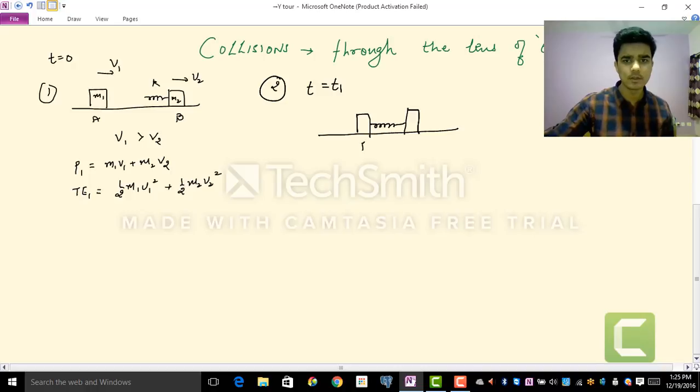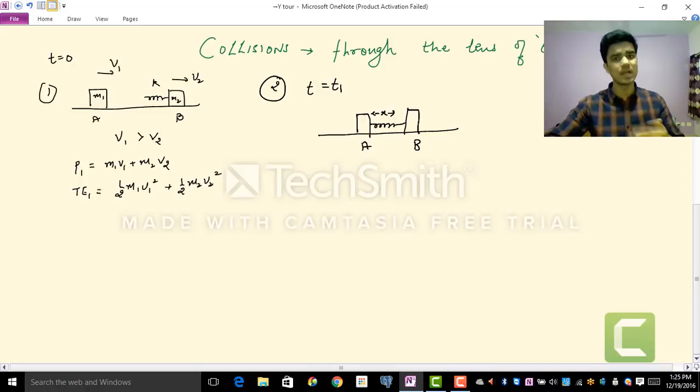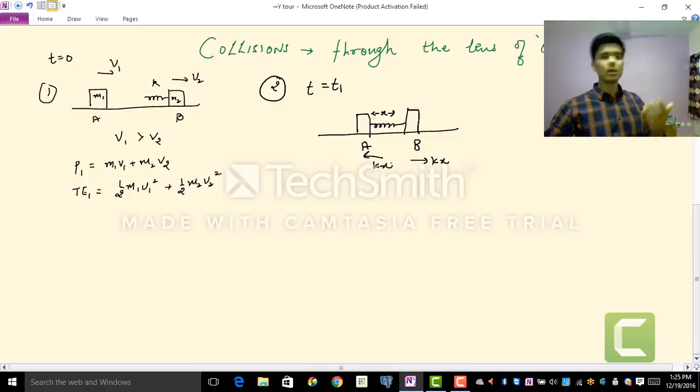When the spring is compressed, you can realize by now that the spring will start to exert force. On object A, the spring force is exerted towards the left, and on object B, the spring force is exerted towards the right. We can conclude that the speed of object A starts to fall and the speed of object B starts to increase.